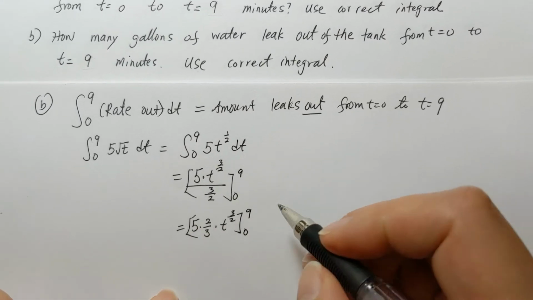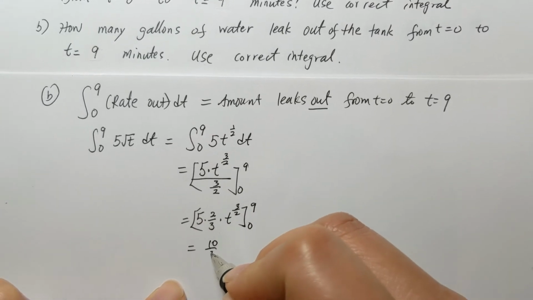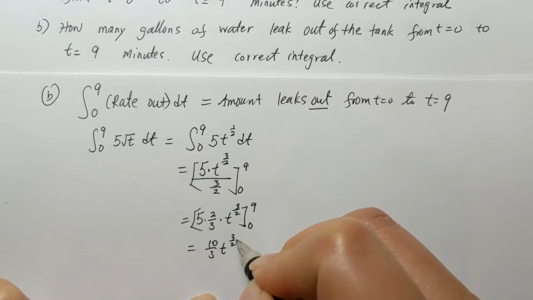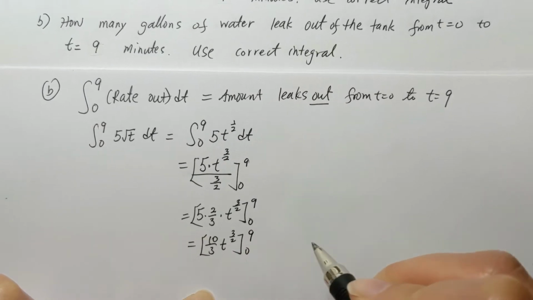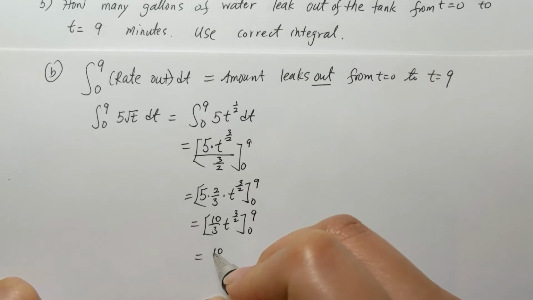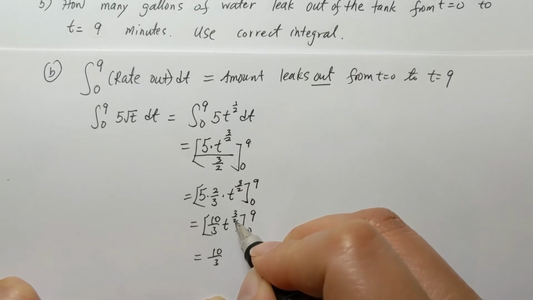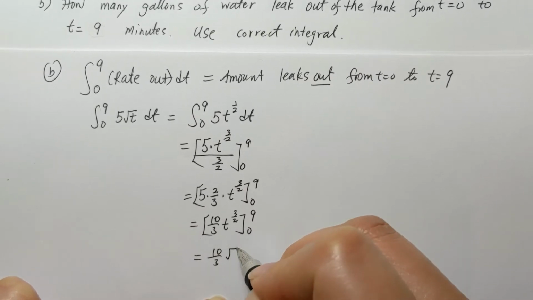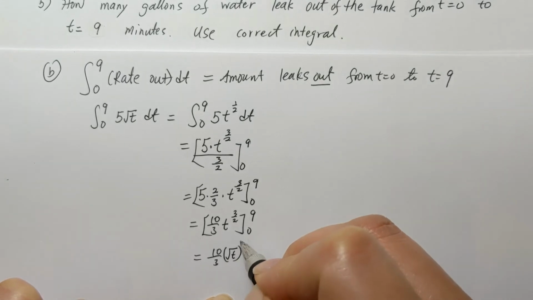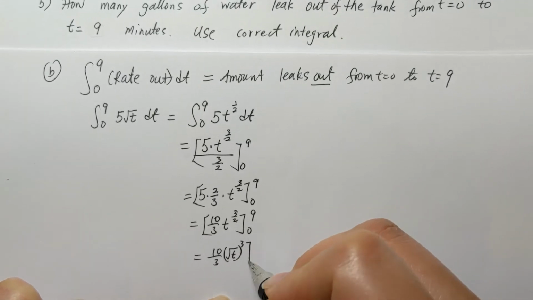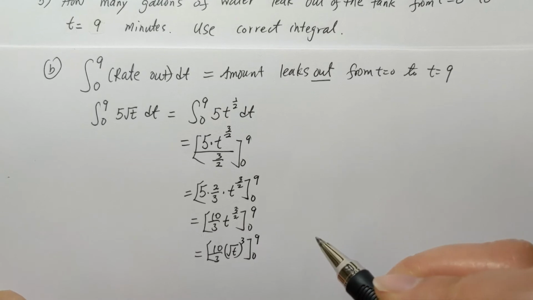I'm going to show all the detailed steps. So you get 10 over 3 times t to the 3 over 2, which is the square root of t to the third power, from 0 to 9.